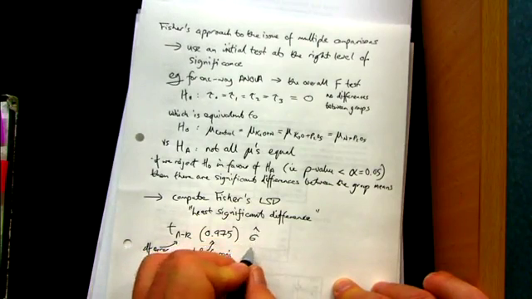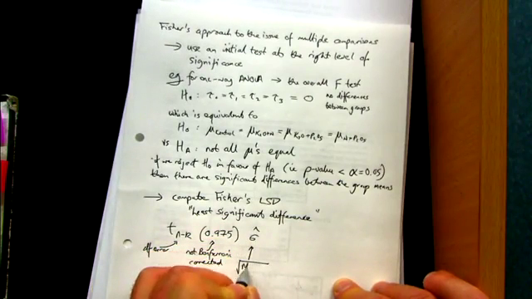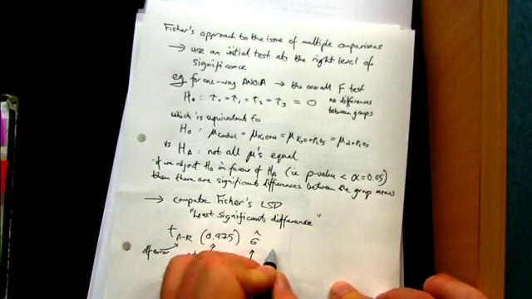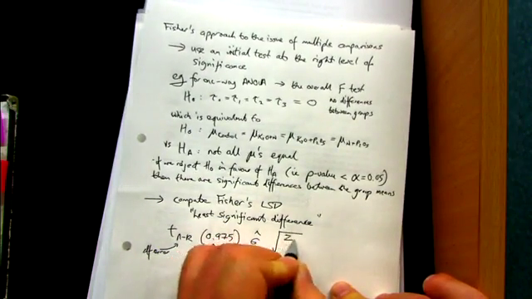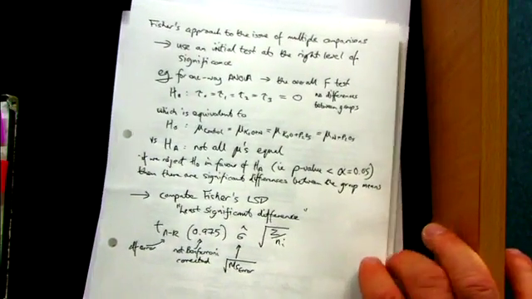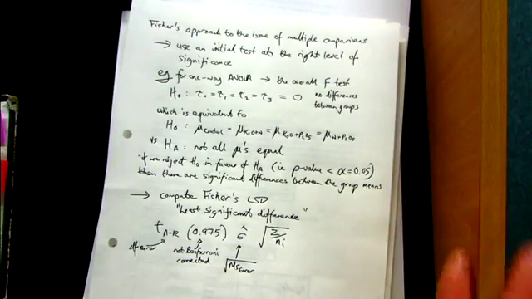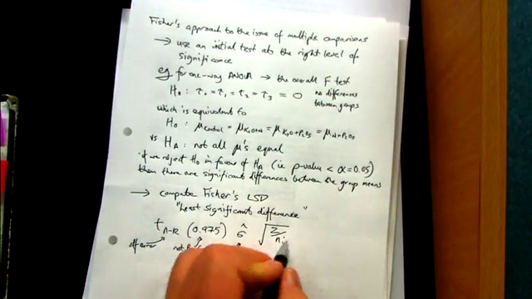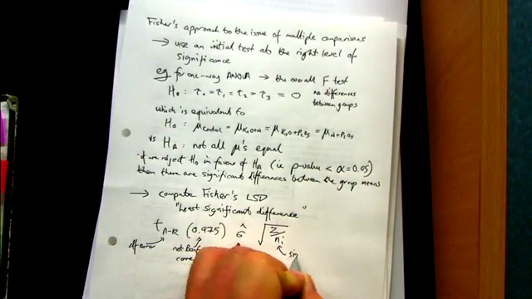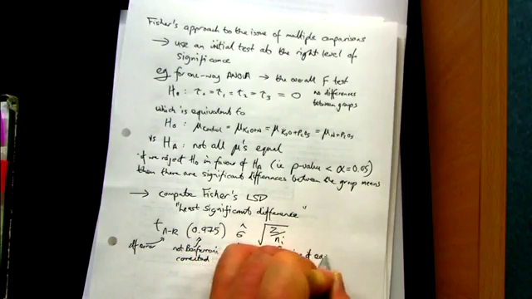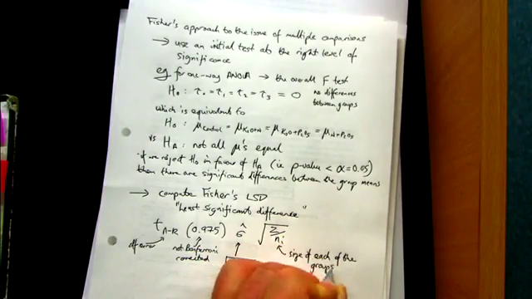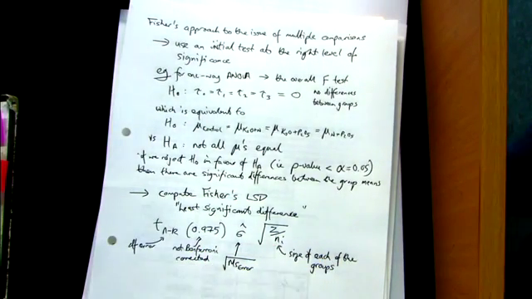Sigma hat, that's the square root of the mean squared error. And here it's 2 on Ni, where Ni is the size of each of the groups. So it works, assuming we've got a balanced design. In other words, that Ni is going to be the same for all of them.